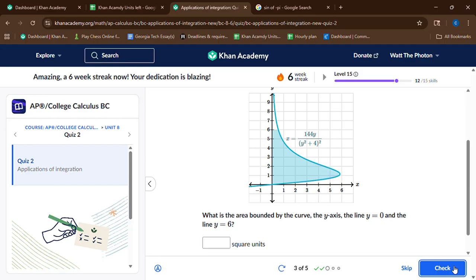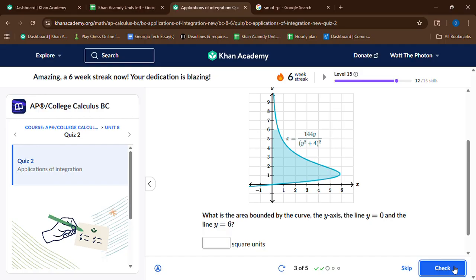If we integrate that, we get 72 times negative 1 over u. U is y squared plus 4, plus c, from 6 to 0.